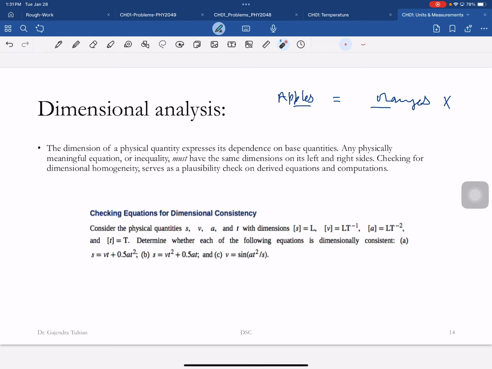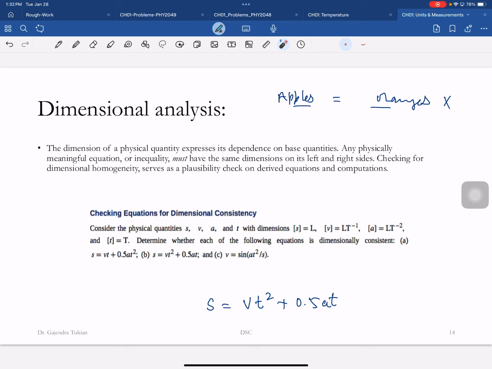So here's an equation, for instance. S equal to VT square plus 0.58T. Let's say somebody gave you this equation. Without knowing any physics, you can decide if this equation has the chance of being right.